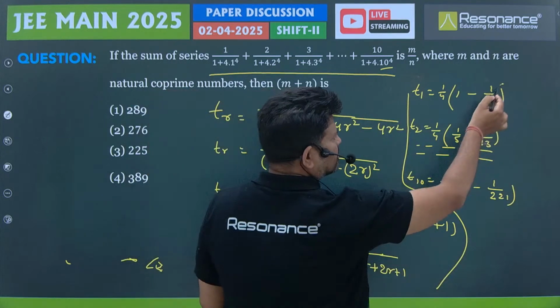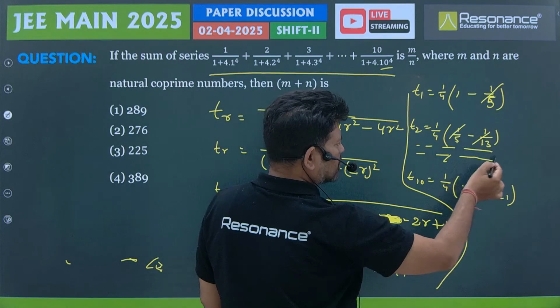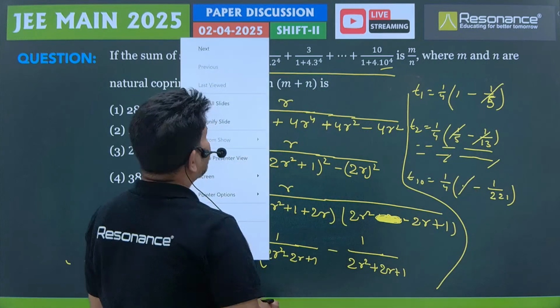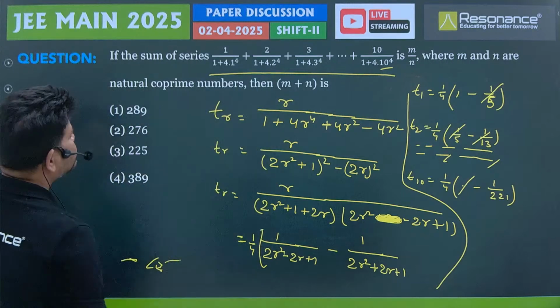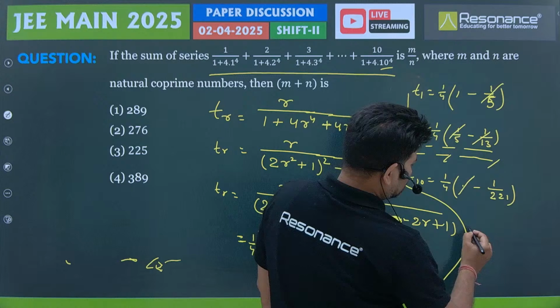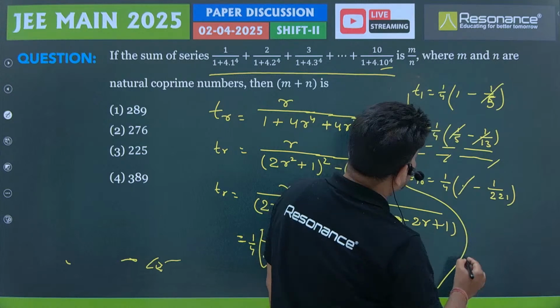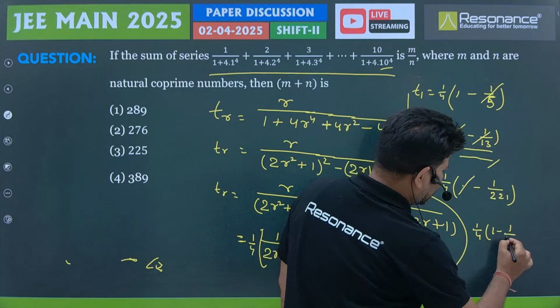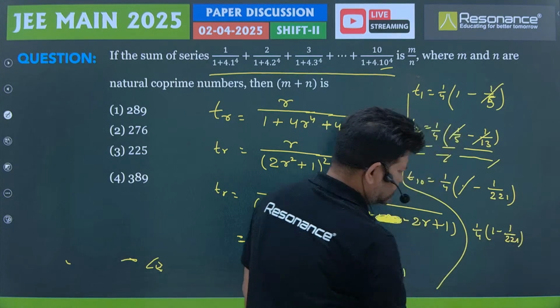Now you can see all the terms are going to be cut. We can add this total, sum of the series. So sum of the 10 terms, 1 by 4, 1 minus 1 by 221.